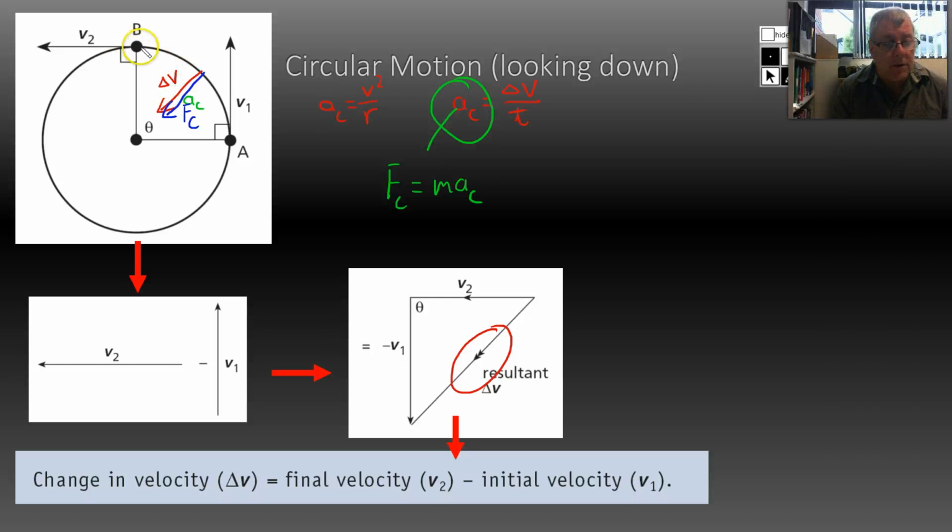Now if we were to shrink this time interval down and B was there instead of way up where it is here, we would see that as we reduce the difference between V1 and V2, the centripetal acceleration is always towards the center of the circle, and the centripetal force is always towards the center of the circle.